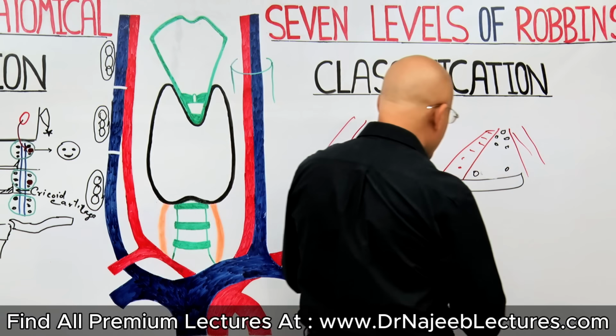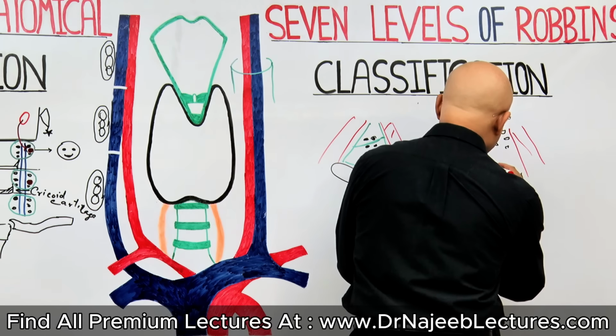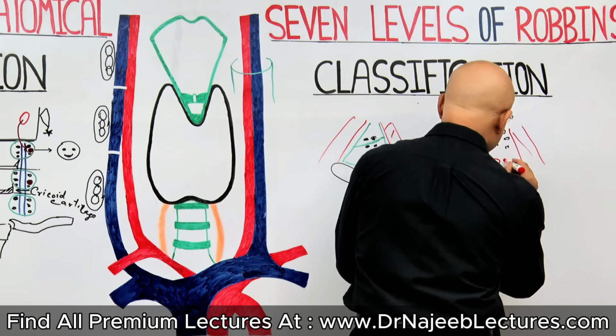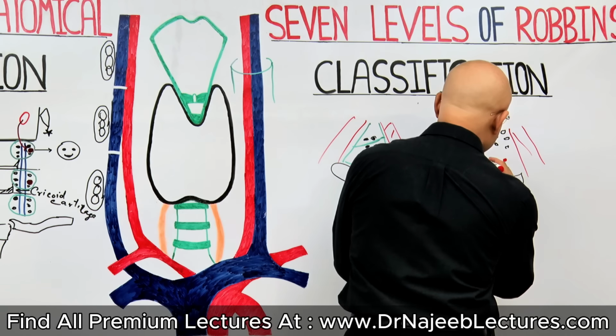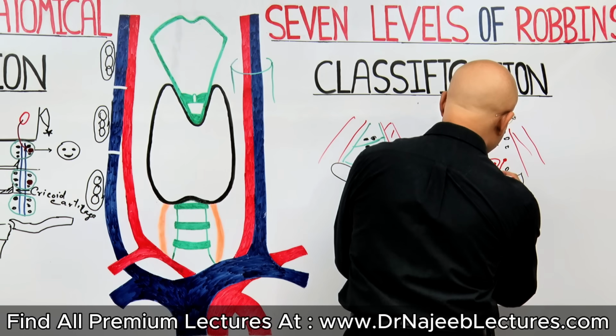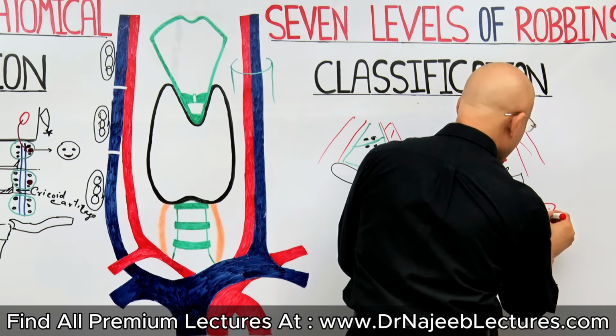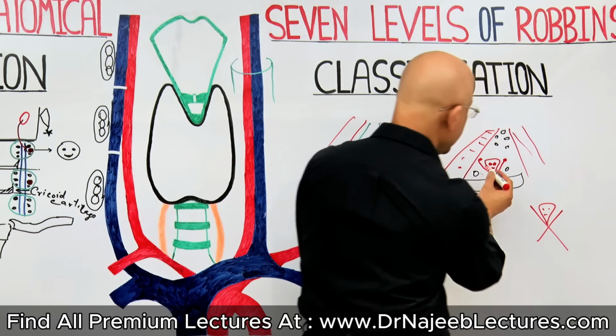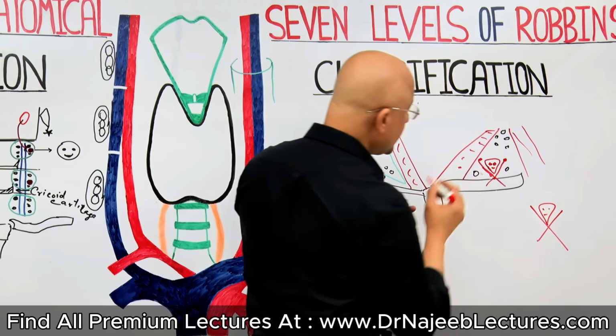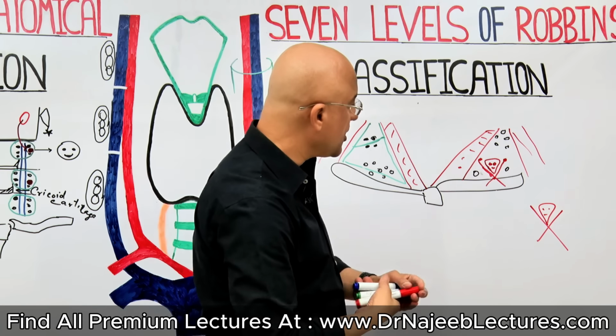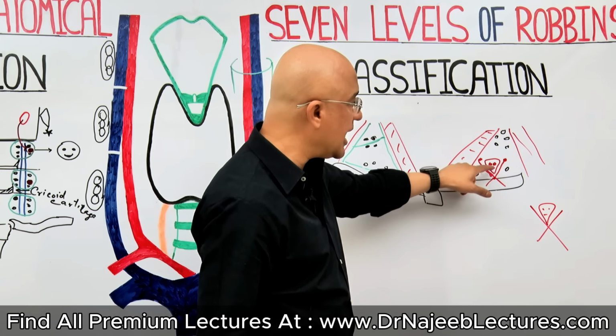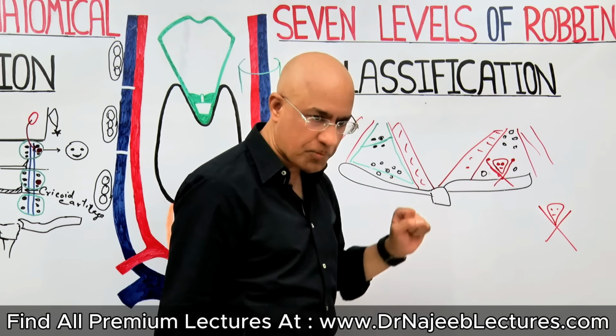One lymph node is very important for us, and this lymph node, which is member of the supraclavicular lymph node on the left side, this is extremely important.